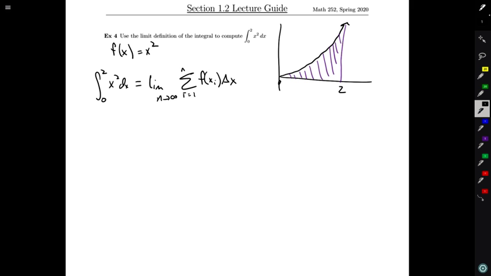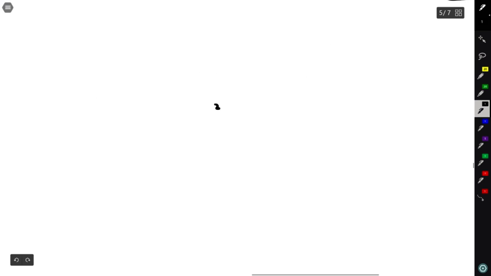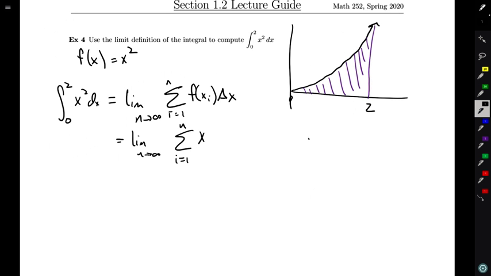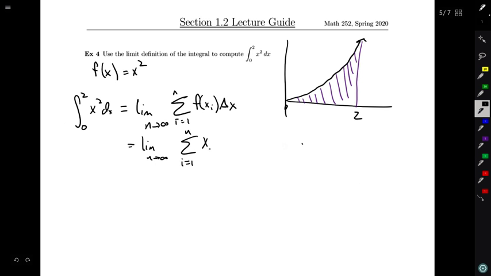So this is the limit as n goes to infinity of the sum from i equals 1 to n, where f of xi is xi squared. Sorry, I seem to be having troubles with the zoom. So xi squared times delta x. Great.